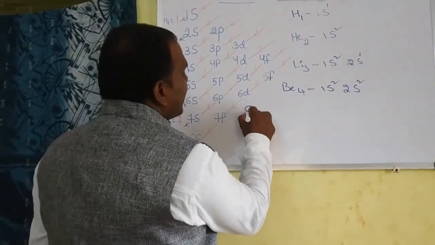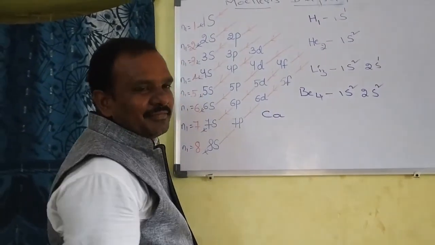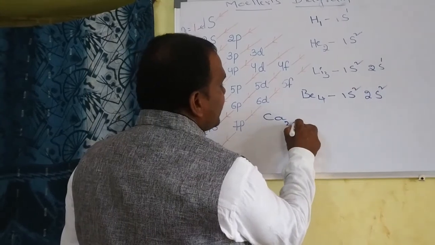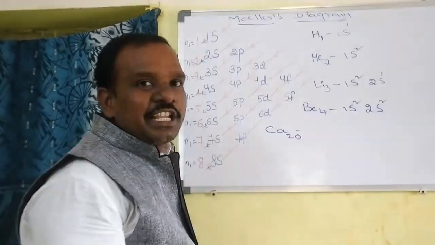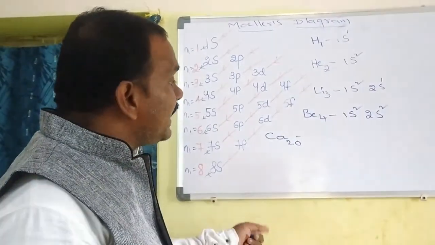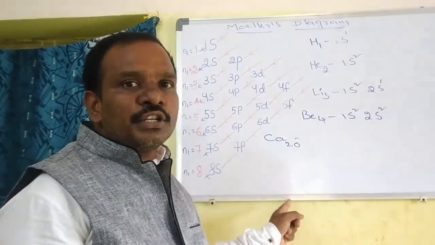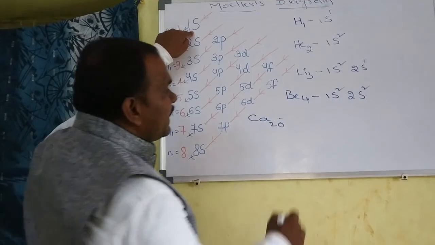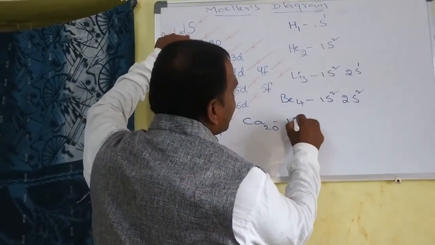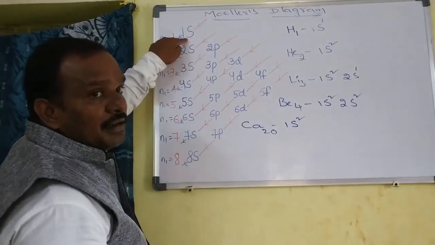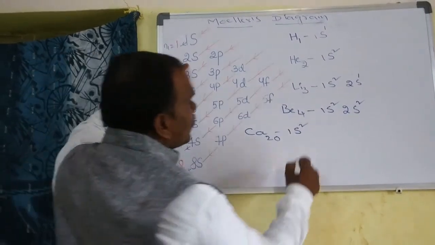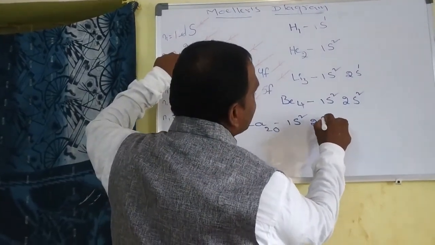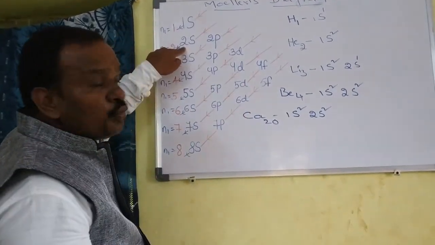Like that you may take calcium. See students, the atomic number of calcium is 20. The number of electrons in calcium is also 20. Now the electrons are entering which orbital first, students? 1s orbital. Later the electrons are entering 2s, so I write 2s2.